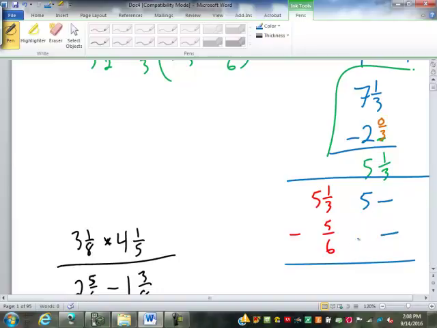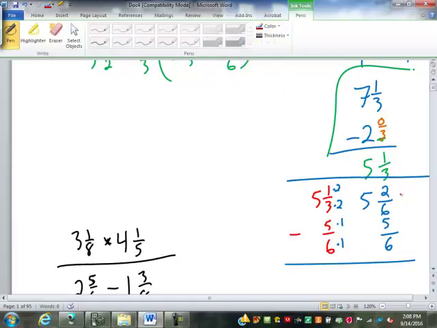Thirds and sixths, it'll be 6, right? So 3 times 2 makes 6. 1 times 2 makes 2. 6 times 1 makes 6. 5 times 1 makes 5.